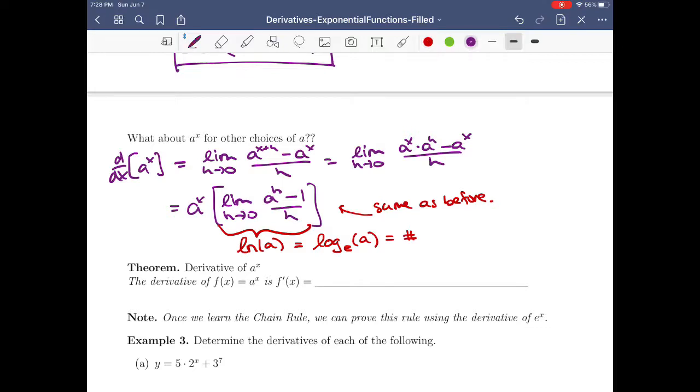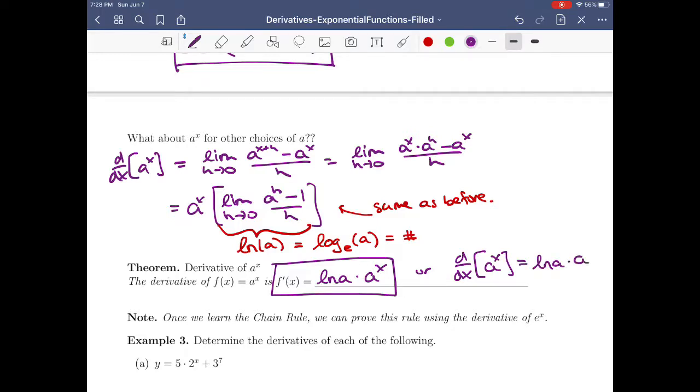So for a function a to the x, the derivative is ln of a times a to the x, if you want it all in one line. Now, because we haven't done the review, you may not be familiar, but ln of e is 1.